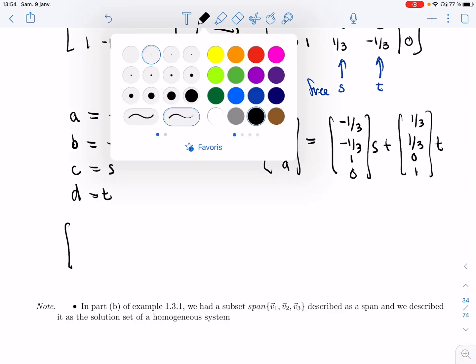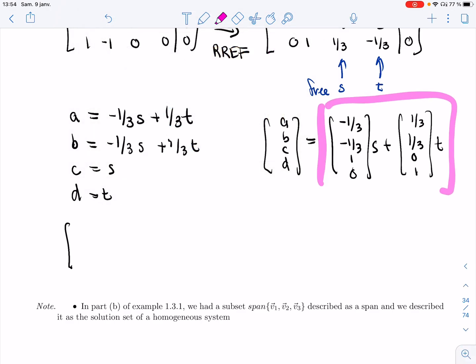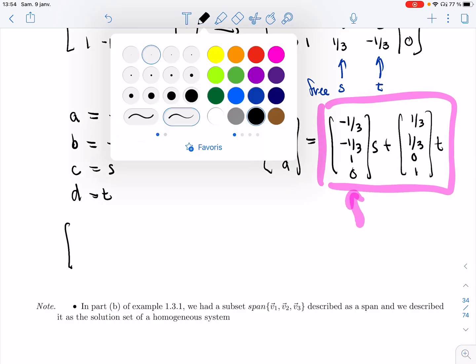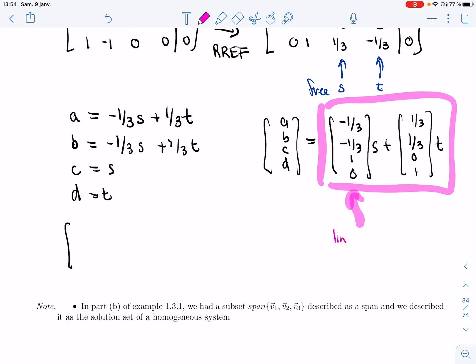So notice that what we have here is a linear combination of two vectors.